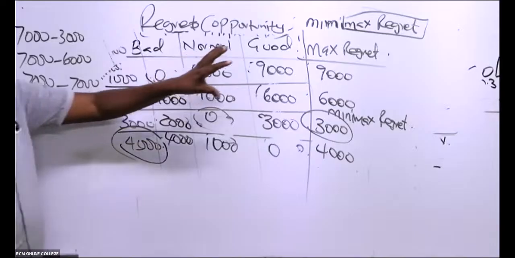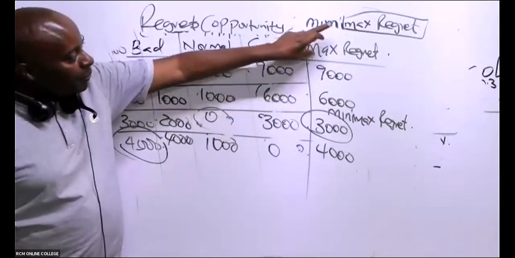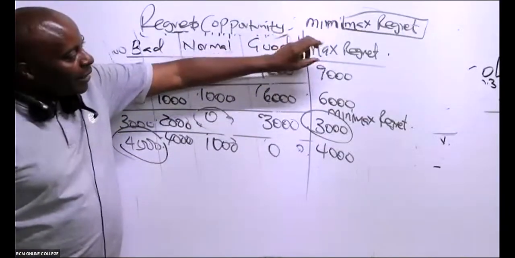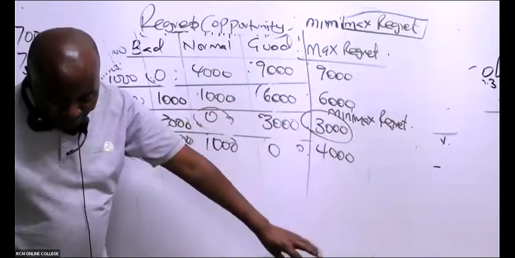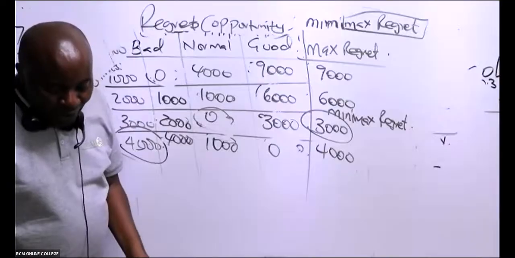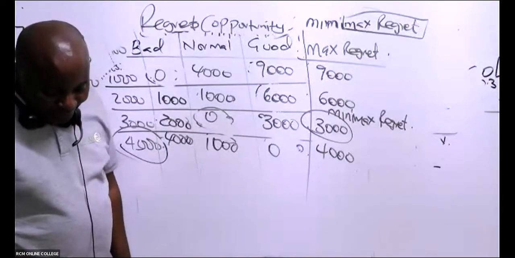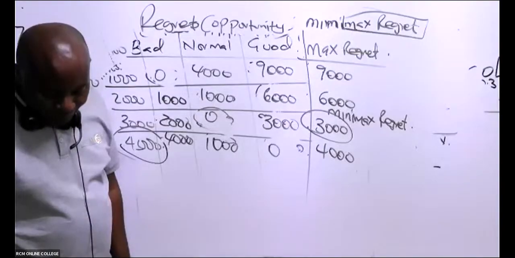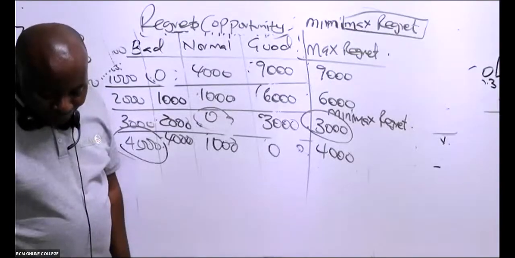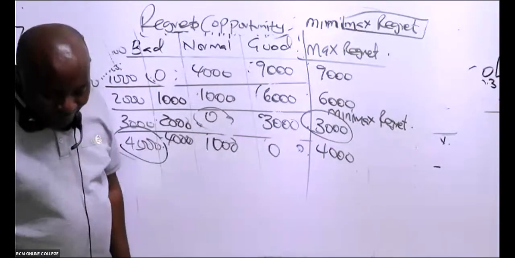After getting the maximum regret for each, you minimize the exposure; out of all these, you pick the minimum. I know you will get time to practice, because it is all about practice.